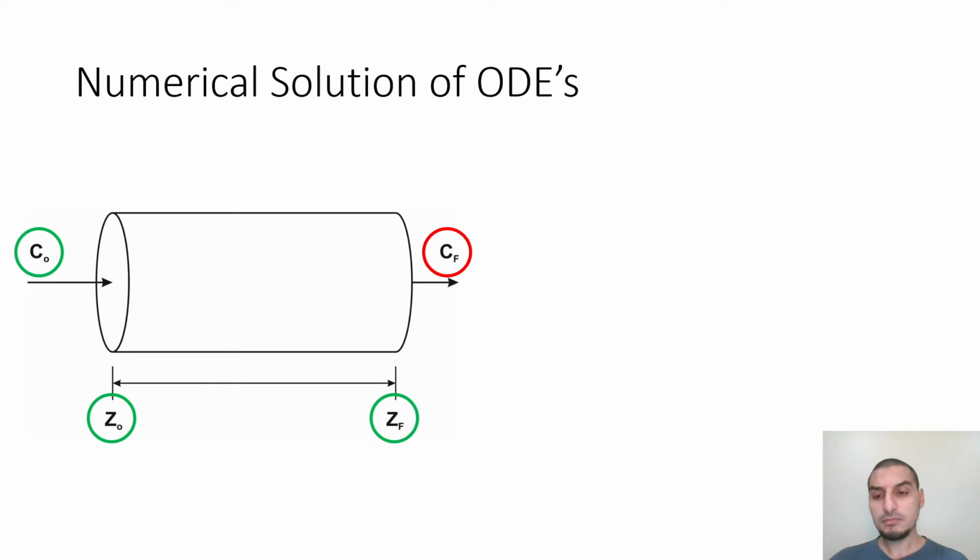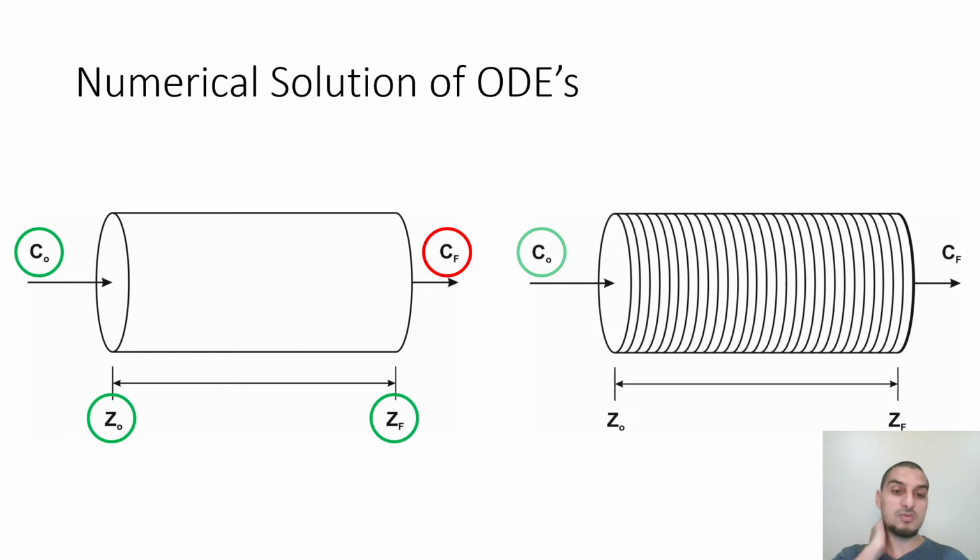In the numerical solution, we track the concentration at each point in the reactor. So we break this system into small increments, each one a differential length, and you can choose whatever dimension you want.